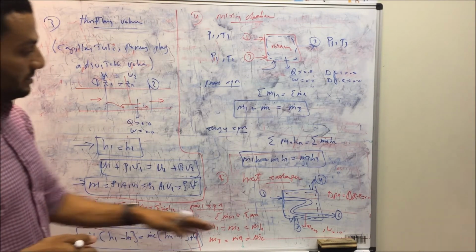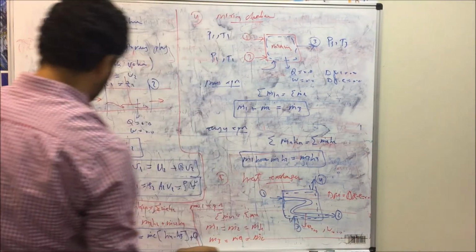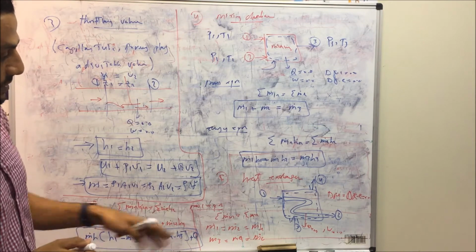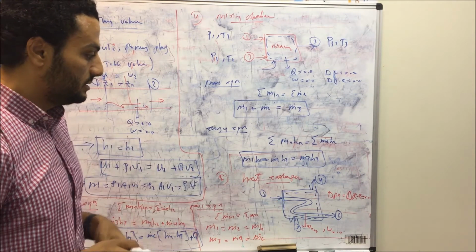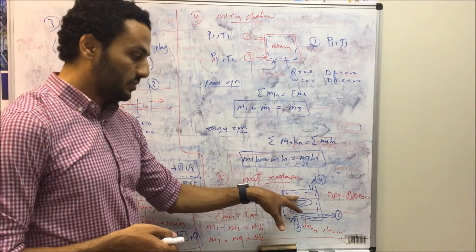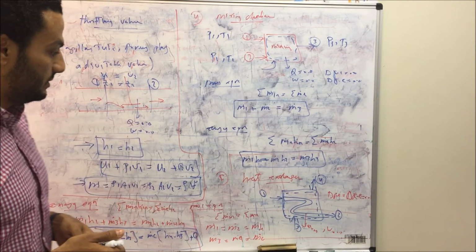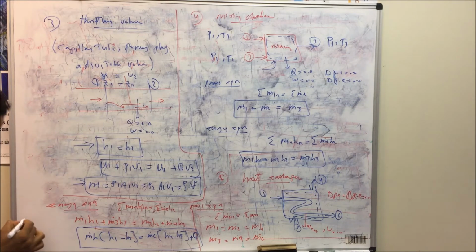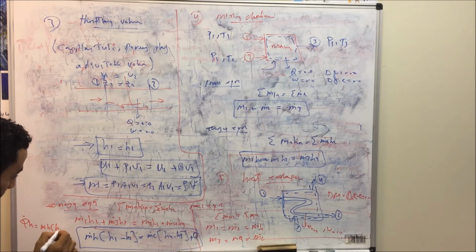If we consider the heat exchanger, the last equation for the heat exchanger: we need to calculate the heat lost from the hot fluid to the cold fluid. In this case, which is called Q dot hot, the heat lost from the hot fluid is equal to m dot hot multiplied by H2 minus H1.